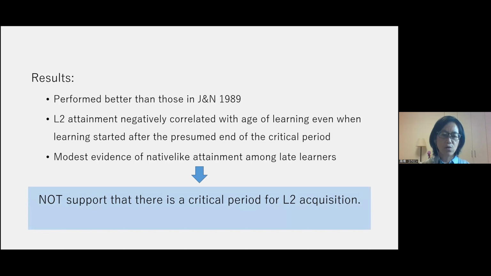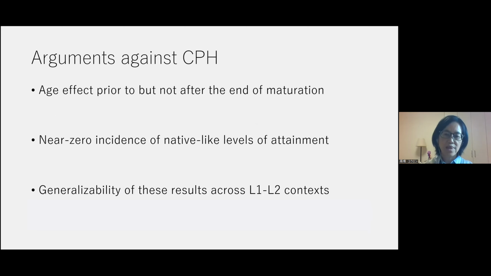So they concluded that their research finding did not support that there is a critical period for L2 acquisition. And they argue against the critical period hypothesis on three points.